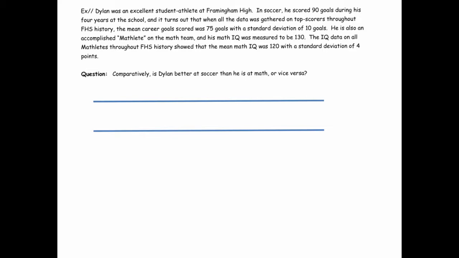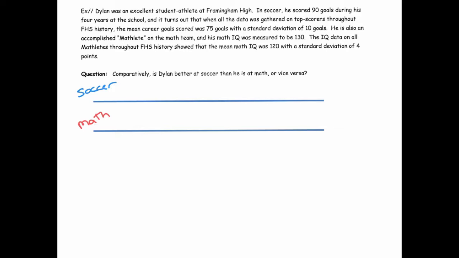So in order to compare his performance in soccer with his performance in math, let's make two number lines. One will measure how good he is at soccer and one measures how good he is at math. What I'm going to put at the center of this number line is the mean number of career goals scored by a population. That's important.